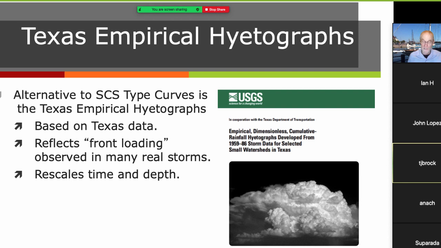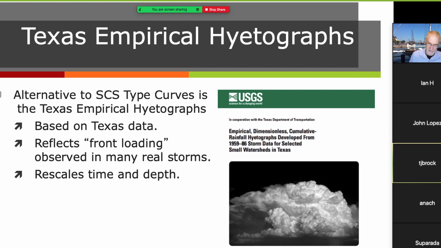And one could critique the SCS method in that those maps were based on observations of 90 or 100 rain gauges. And you would think in the US there'd be thousands, but they only had 90 or 100 to work with in the 70s. So there's an awful lot of spatial mumbo-jumbo going on there.